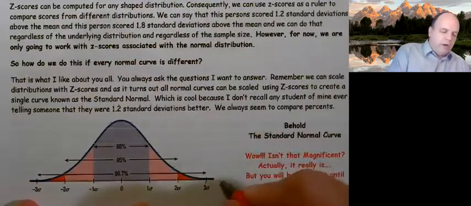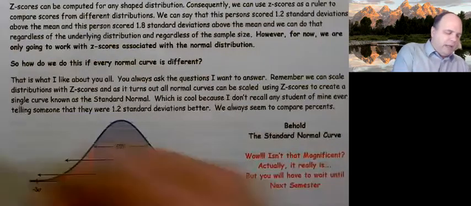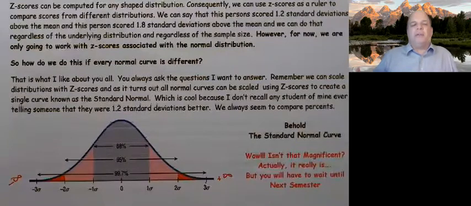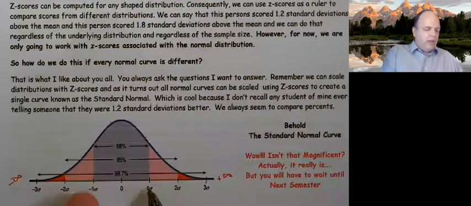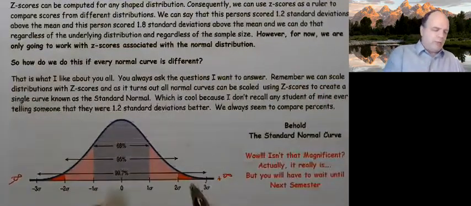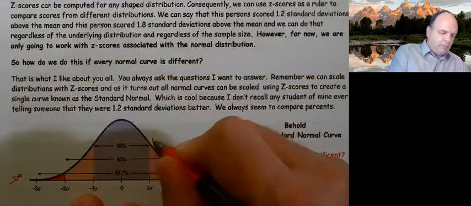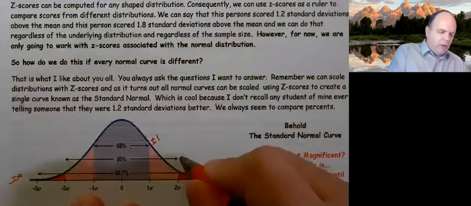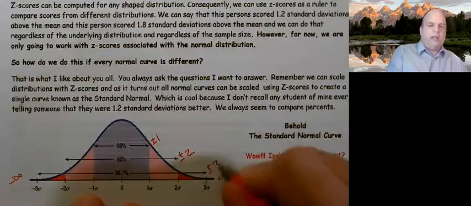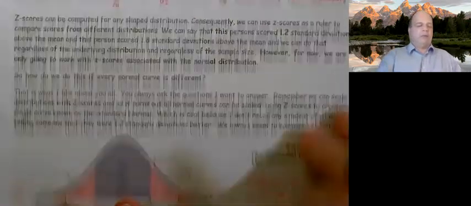Now remember, this goes all the way out to positive infinity and negative infinity. If we went all the way out there, we'd have 100% of the data, but you can't go to negative infinity or positive infinity. So this right here, the 68, 95, and 99.7, you actually do need to memorize. Plus or minus 1 is 68%, plus or minus 2 is 95%, and plus or minus 3 is 99.7%.